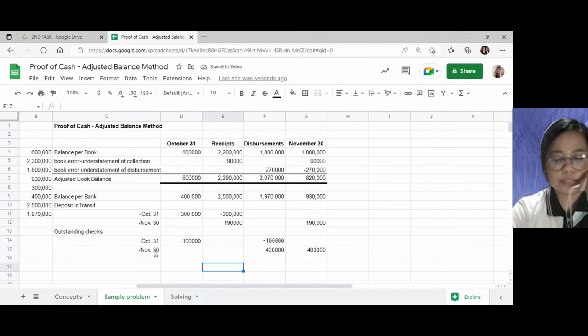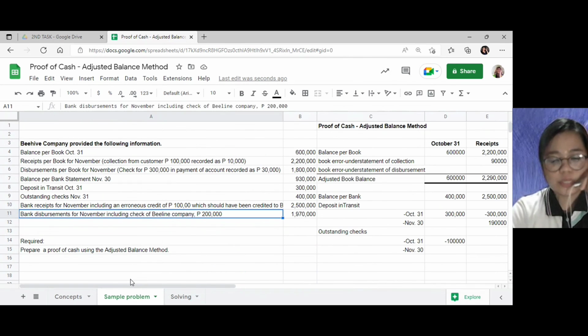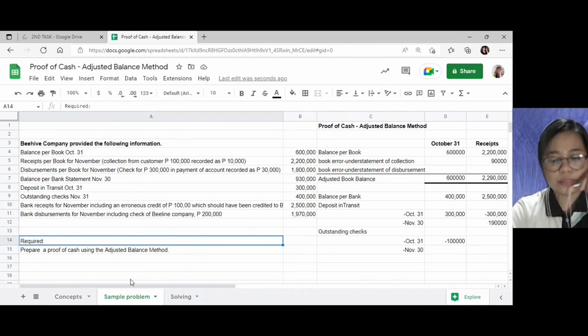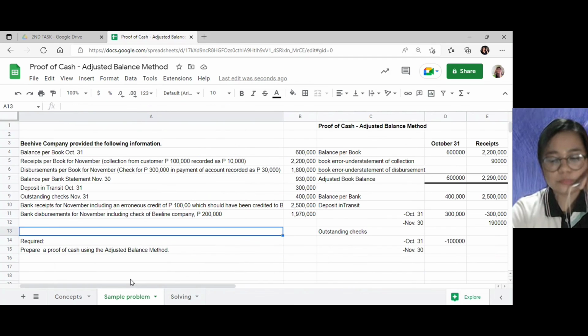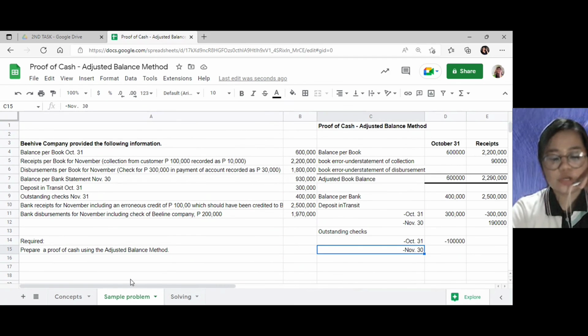Okay, so another reconciling item will be related to the 100,000 erroneous credit. So we have here the bank error, especially an erroneous credit. So nangyari yan noong November. So since erroneous credit man yan, ibig sabihin, overstated yung ating bank balance.